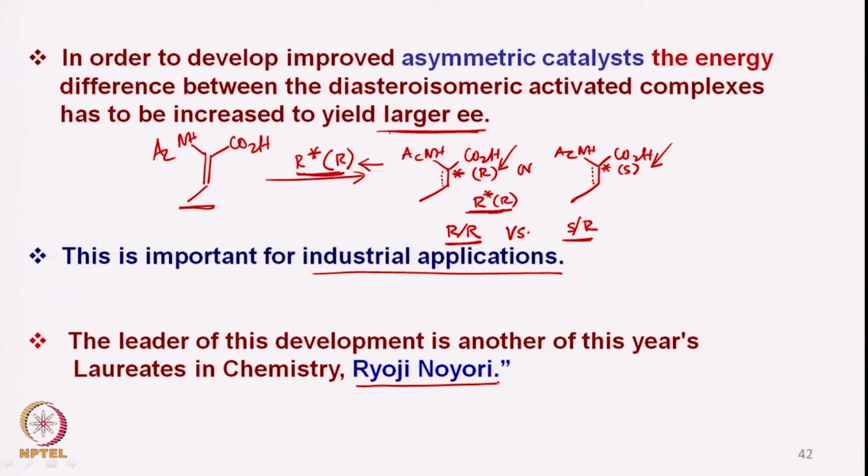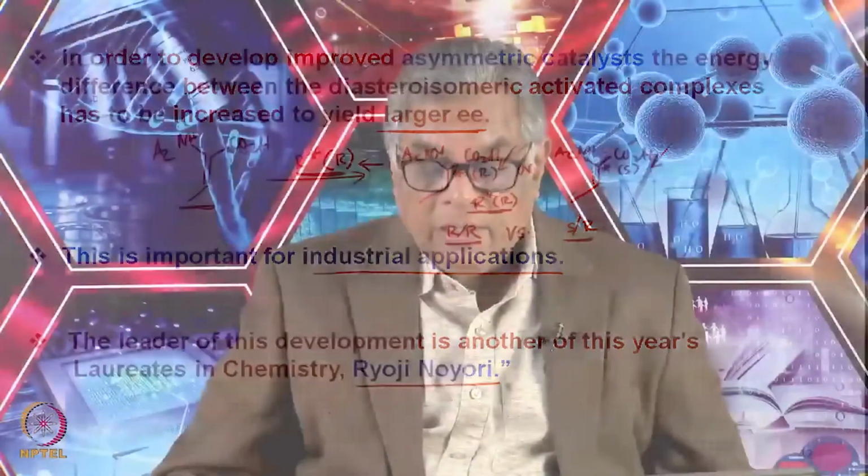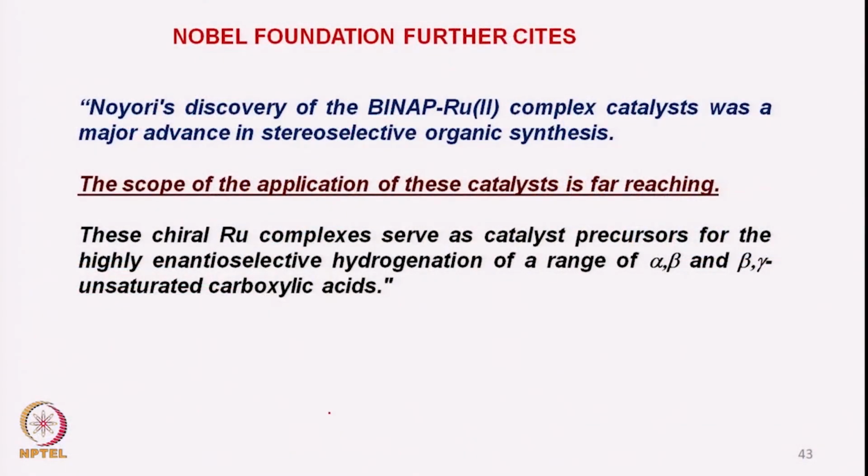Such a large gap was basically addressed by the work of Ryoji Noyori, who introduced several different kinds of ligands and catalysts for making highly enantiomerically pure reduced products. So, the Nobel Foundation further cites Noyori's discovery of the BINAP ruthenium complex catalyst as a major advance in stereoselective organic synthesis.